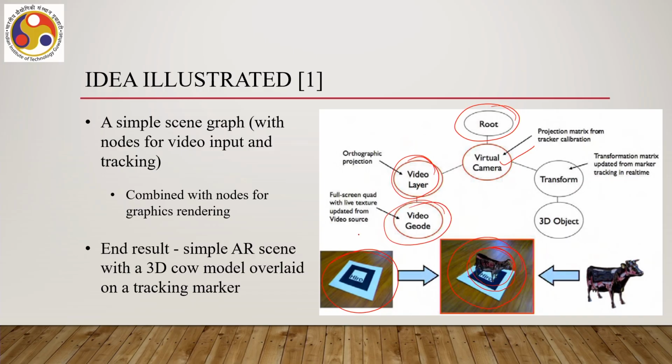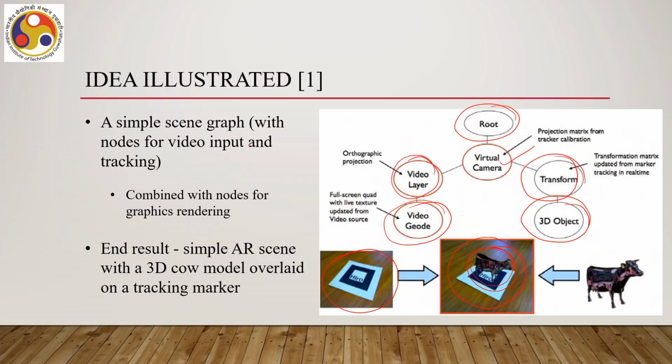Other related concepts can be considered as nodes. 3D object itself, the cow, can be considered as a node. Then various transformations that are part of 3D graphics can be represented as single node or individual nodes. So, once we are able to represent this entire activity in the form of a graph, then it is easier to visualize, to manipulate such a graph to create the desired effect that the user is looking for.